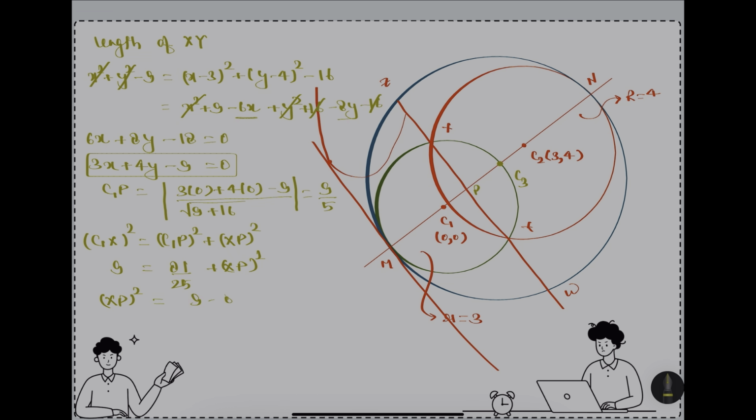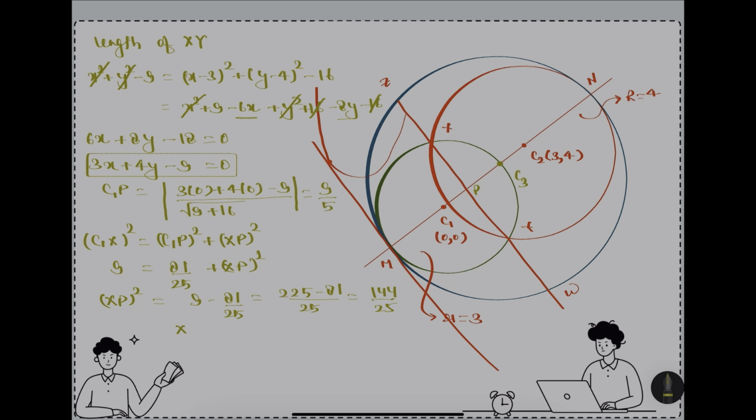9 minus 81 by 25, so it is 225 minus 81 by 25, which equals 144 by 25.